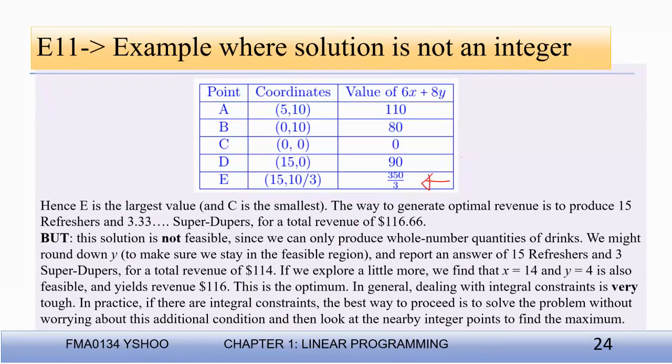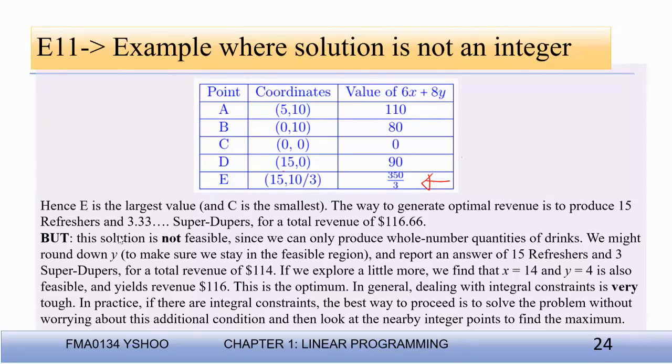So the way to generate optimal revenue is to produce 15 refreshers and 3.33 super dupers for a total revenue of 116.66. But here they are telling you that this solution is not feasible because we can only produce whole number quantities of drinks.